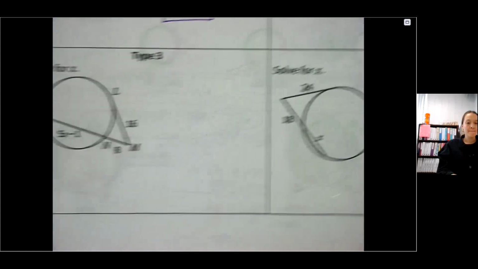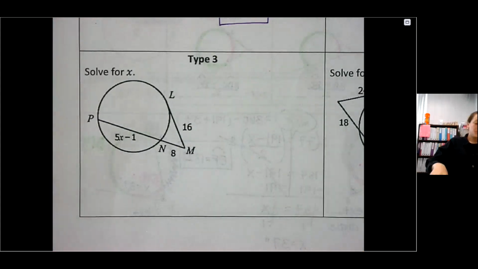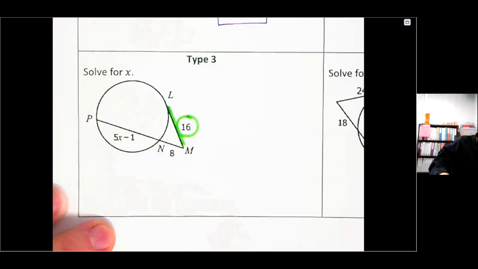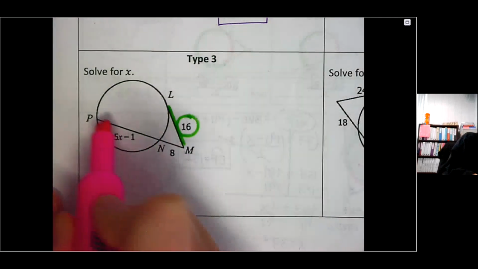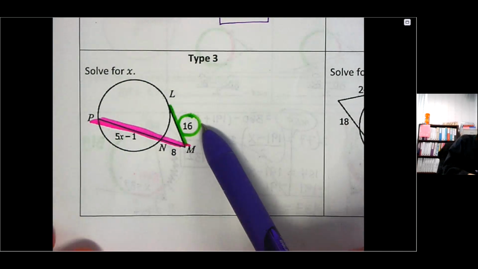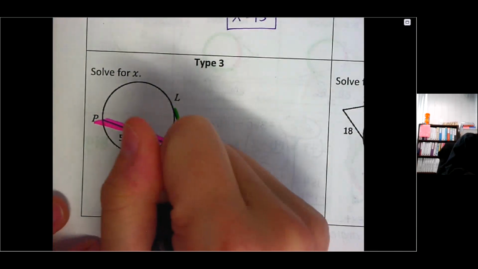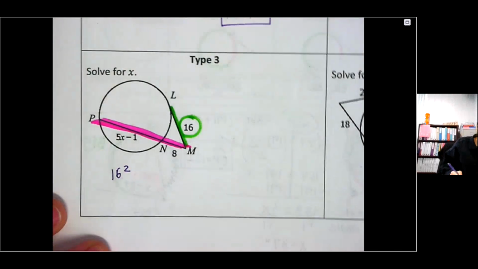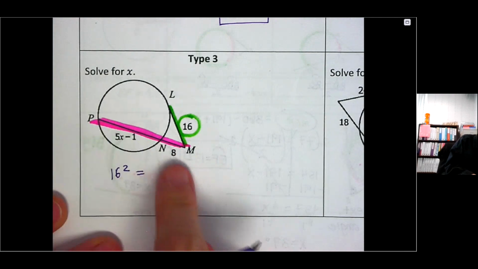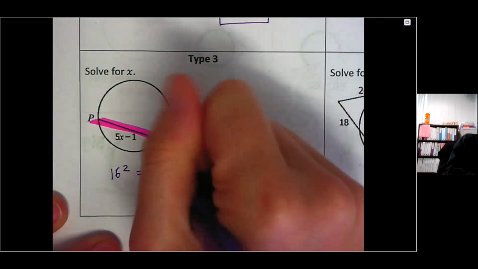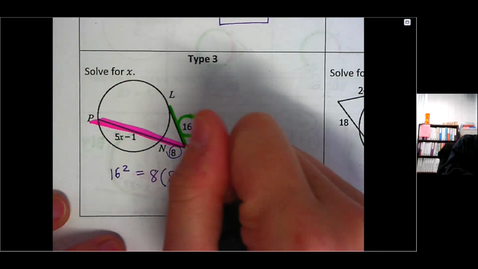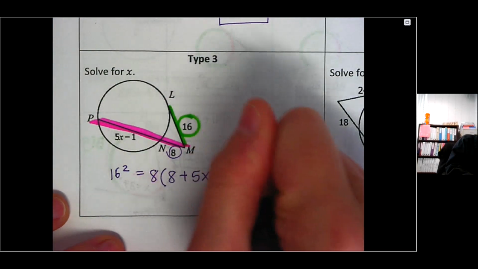All right, last 2. So this is the one with the tangent. The number that's by itself gets multiplied by itself, and then the other piece is outside times the whole. So the green piece here would be 16 squared, or 16 times 16, equals the pink piece, which is outside times the whole. So outside is the 8, the whole thing is 8 plus 5x minus 1.